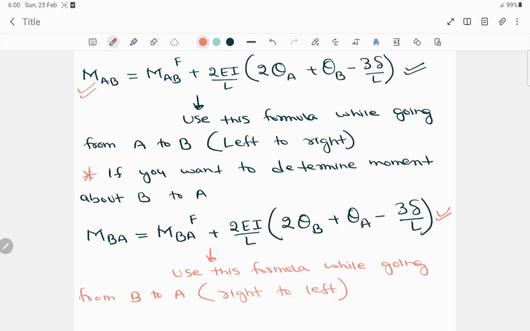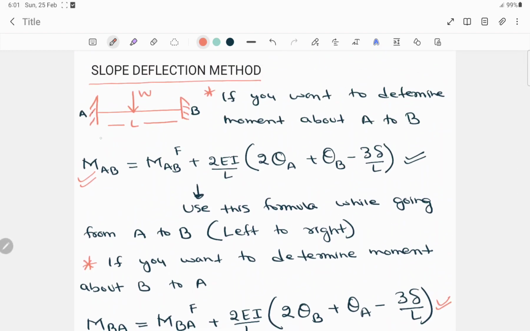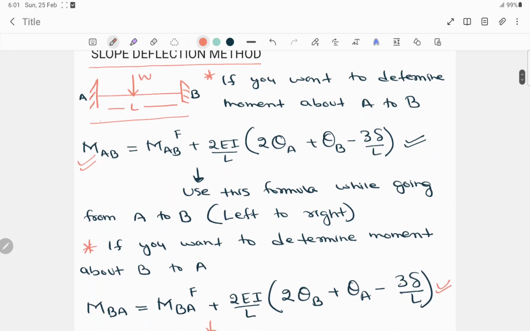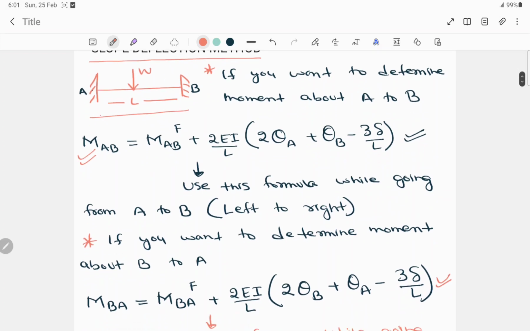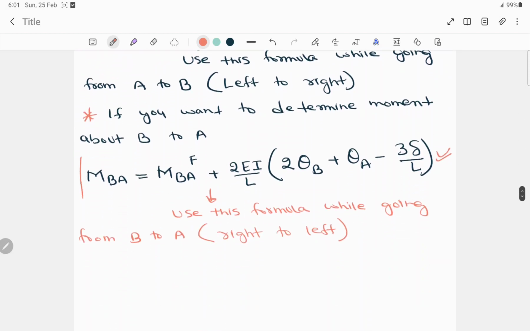Now see, for this particular beam, if you want to determine the moment about A to B, from this point to this point, then we have to use this formula. And if you want to find the moment from B to A, that means from right to left, then you have to use this formula.